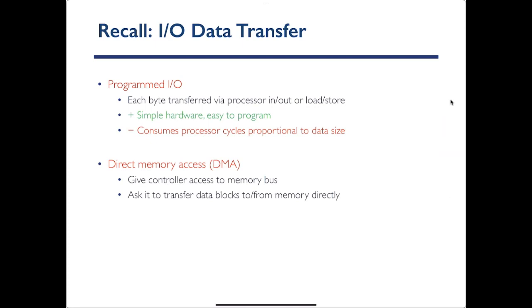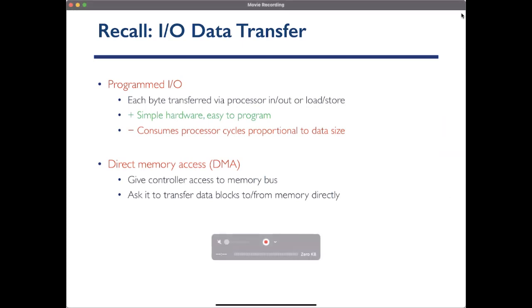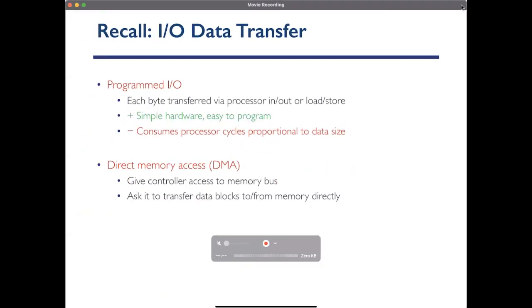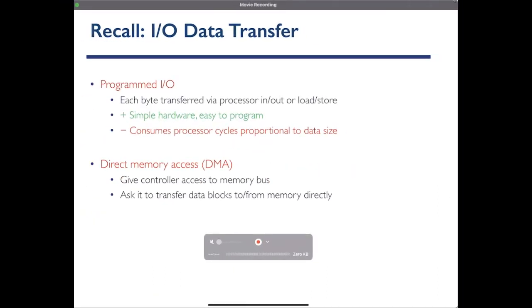The bright side of this is that it's simple in terms of implementation. It's also easy for programmers to use. The downside of this is that you're wasting CPU cycles.